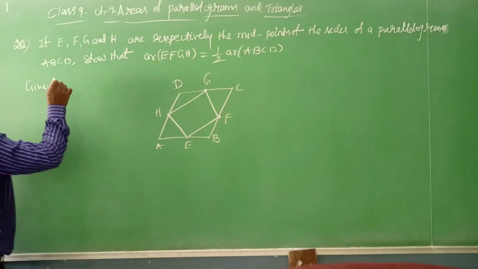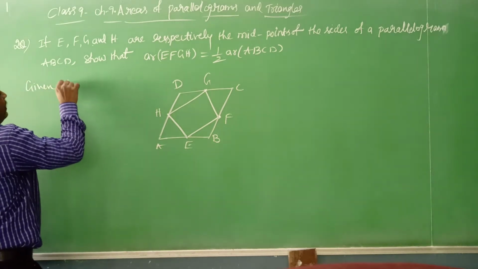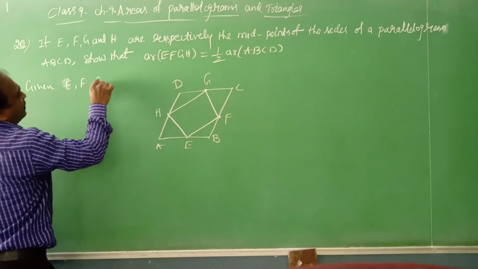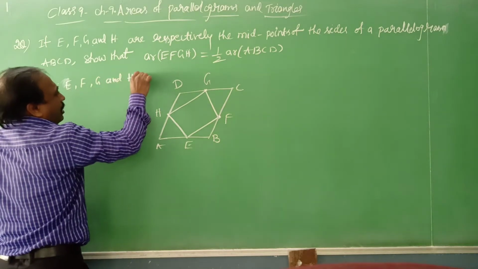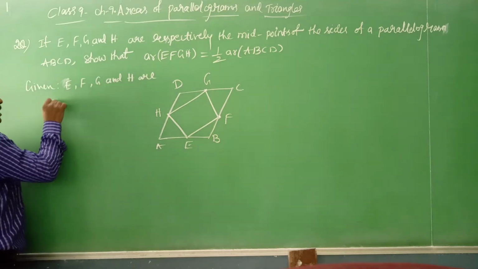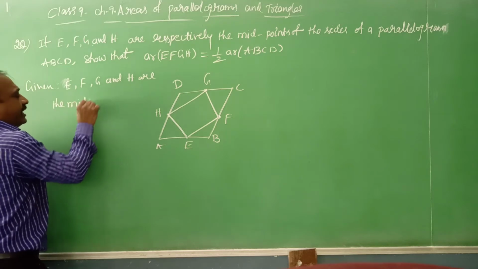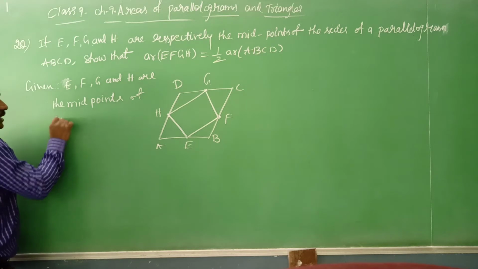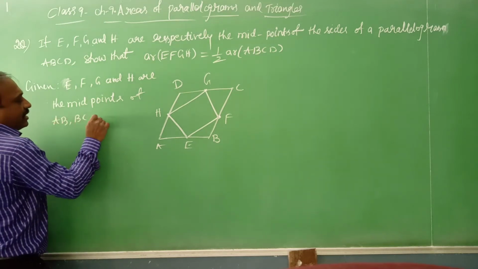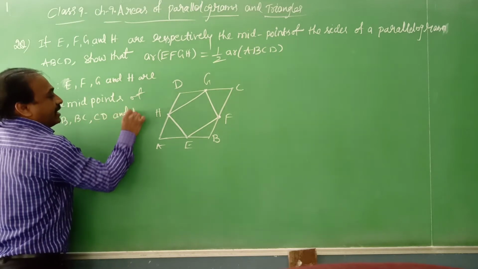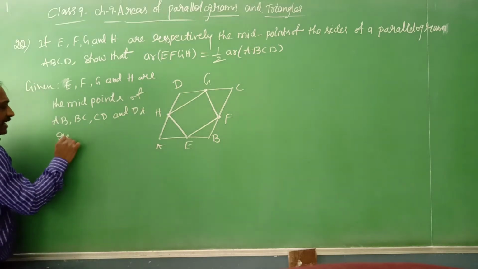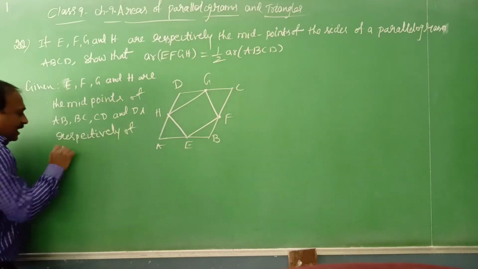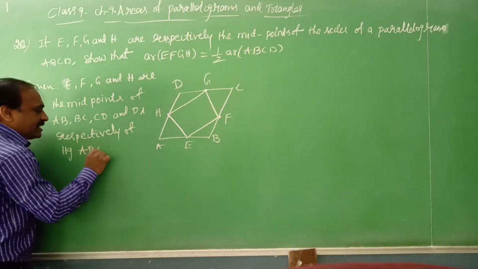So first, given: E, F, G and H are the midpoints of AB, BC, CD and DA respectively of parallelogram ABCD.